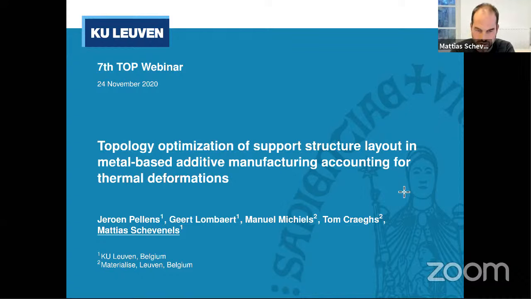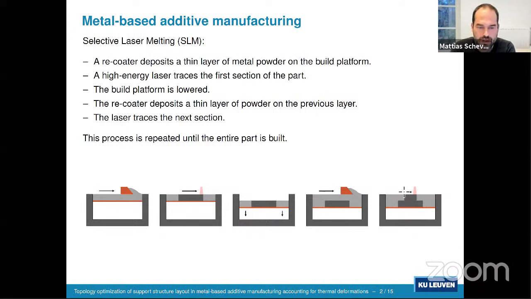So we focused on metal-based additive manufacturing, and this slide explains the process that is followed in selective laser melting. The figures on the slides explain the different steps in the process. Here we start with the build plate, and there is some metal powder on the build plate. It's deposited by means of a recoater. That's this thing here.